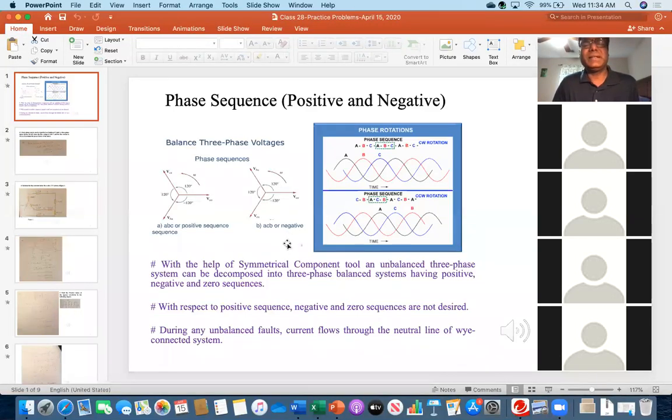Same thing, as I mentioned, in a country that adopts ACB phase sequence, if you take a device with phase sequence ABC and connect it to their system, again there will be an issue. In fact, there are some conditions to connect systems together. For example, in United States, single-phase voltage is 120.